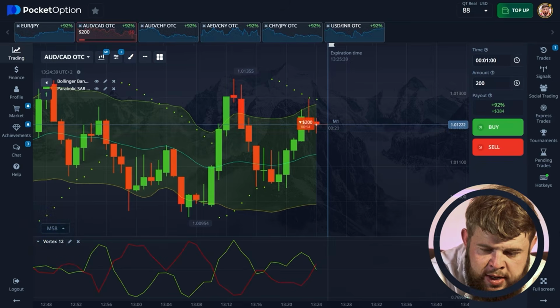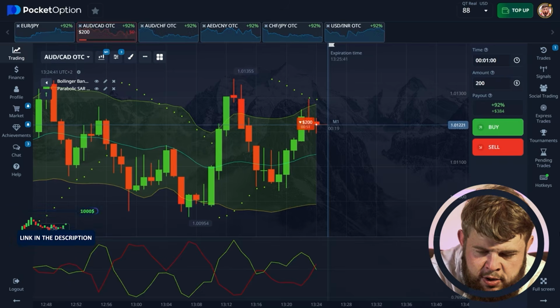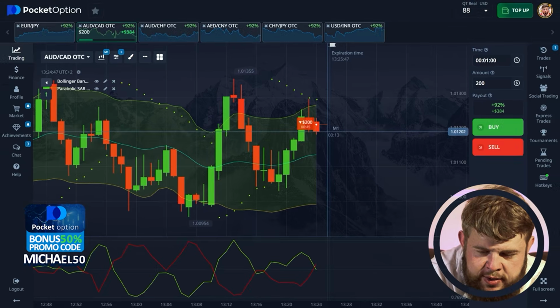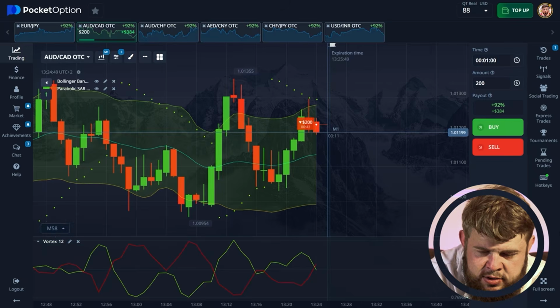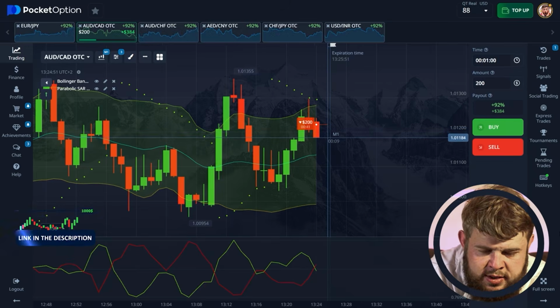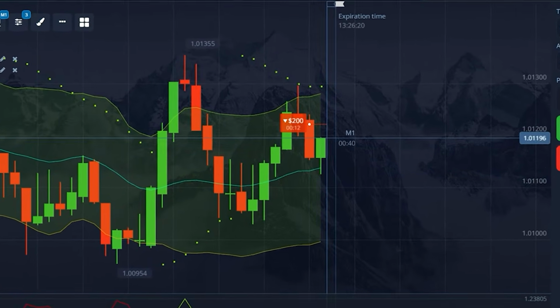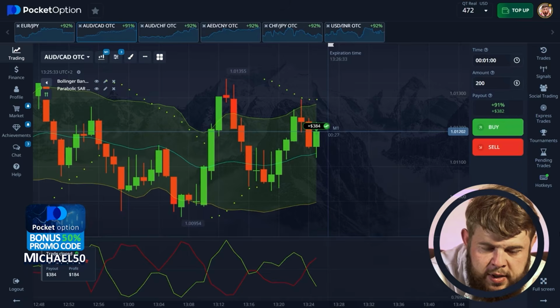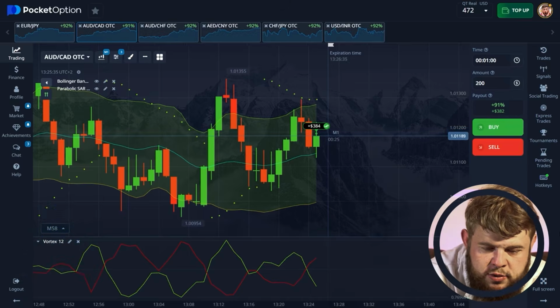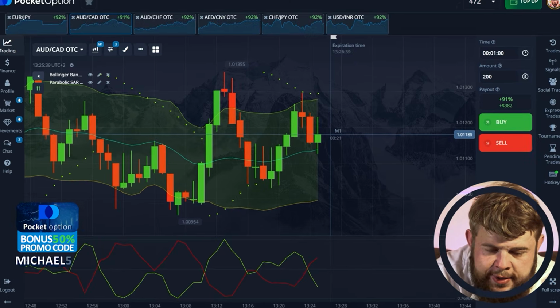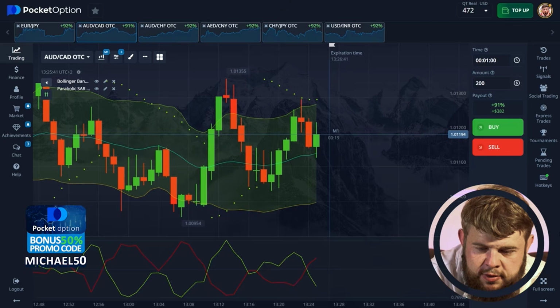Moreover, according to the Parabolic SAR, we are also in the sell zone, and now we are already receiving the pullback reaction from the upper edge of the Bollinger Bands channel. So that's why everything is just telling us to sell this asset, and we have already done this. Well, so one more trade is closed with profit, and we have around $472 on the account. This is very nice. Let's proceed further.